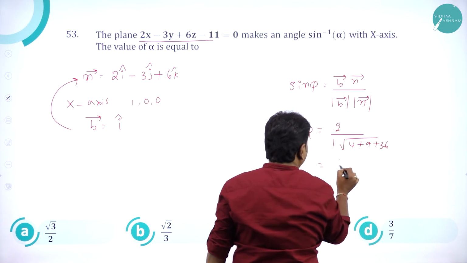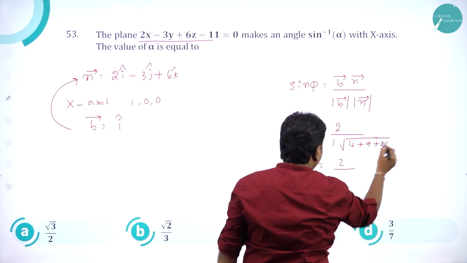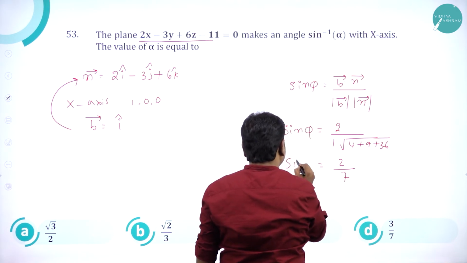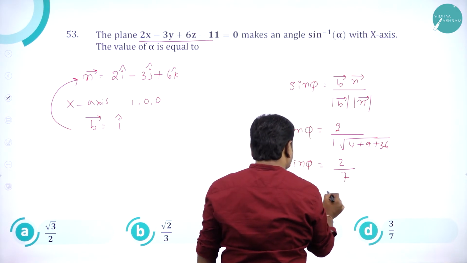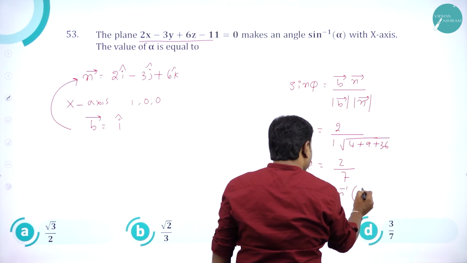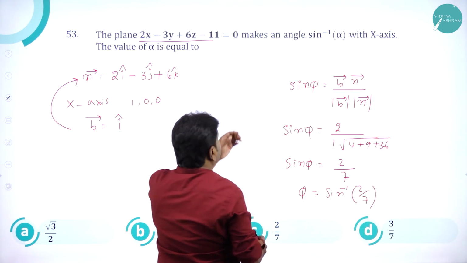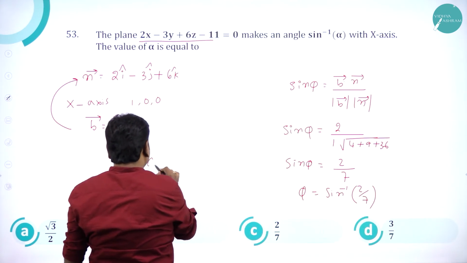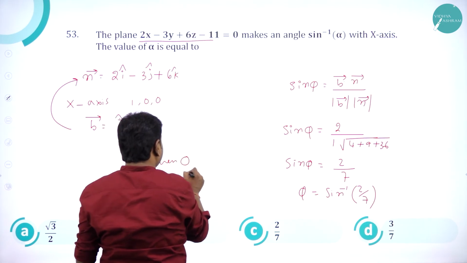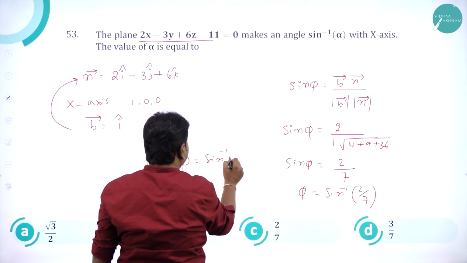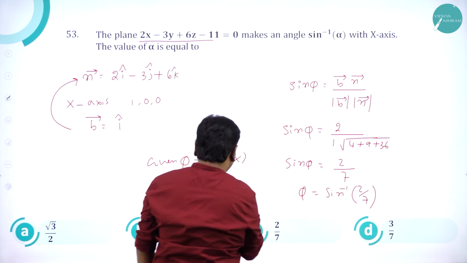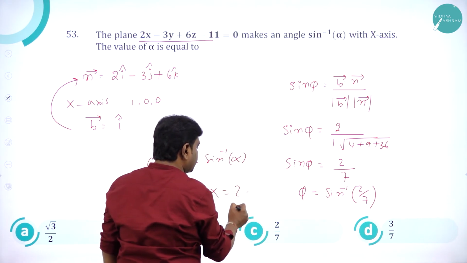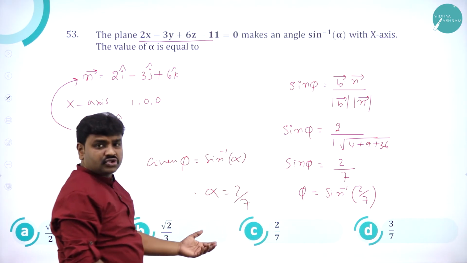So I'll get 2 divided by root 49. Root 49 is 7. So sin psi is 2 by 7. I'll get psi is equal to sin inverse of 2 by 7. But they gave the angle. What is given? Sin inverse alpha. So given angle psi, they have given in the problem sin inverse alpha, but I got sin inverse 2 by 7. Therefore by comparison alpha is what? 2 by 7. That's it. Alpha is 2 by 7.